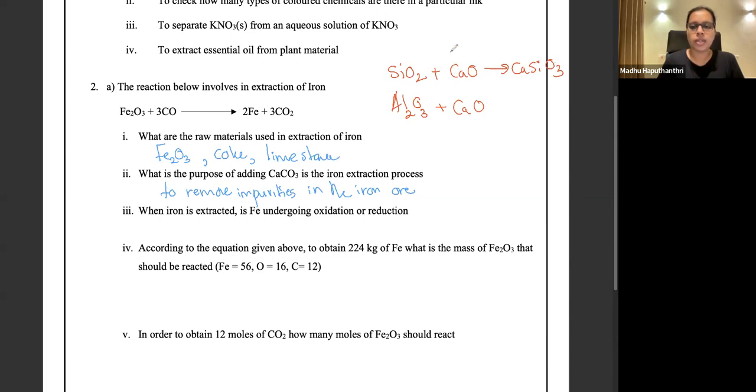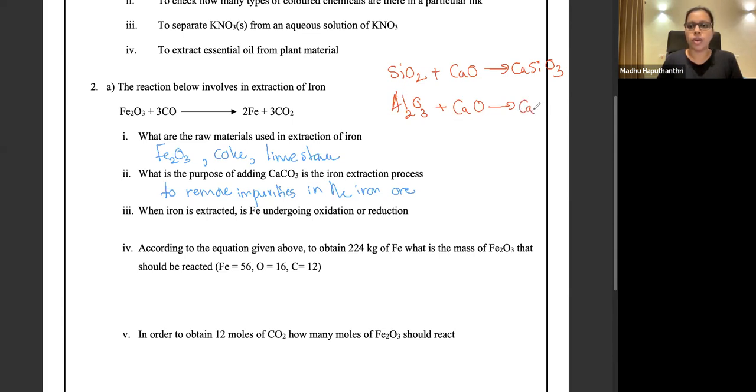Can you notice it's just a matter of adding all the atoms together. One calcium, one silicon, all together oxygens, 2 and 1, 3. It's just a matter of adding all the atoms together and writing the formula. There's nothing more.